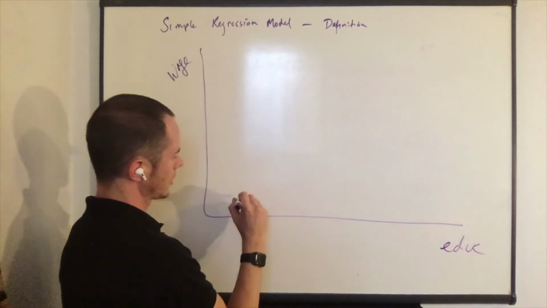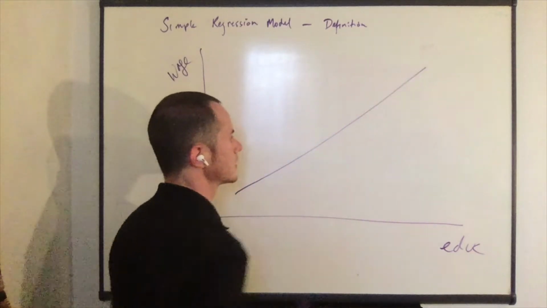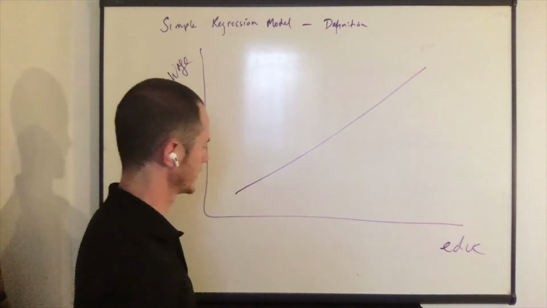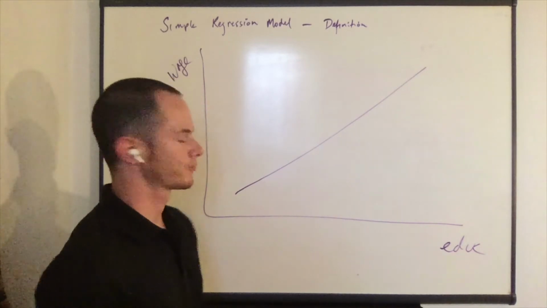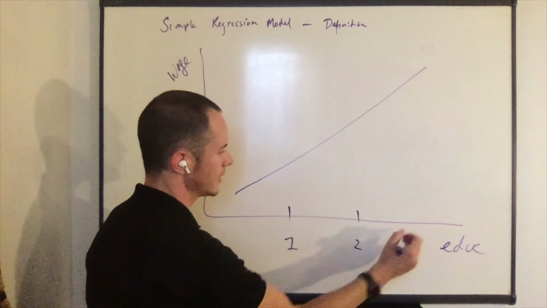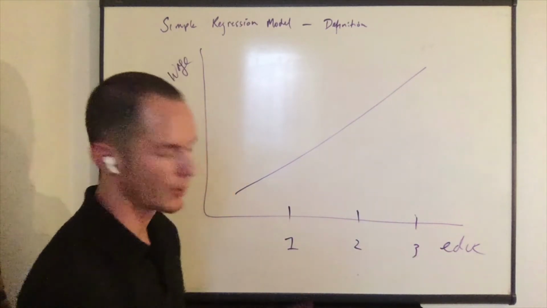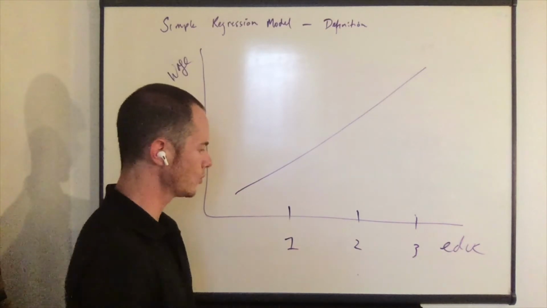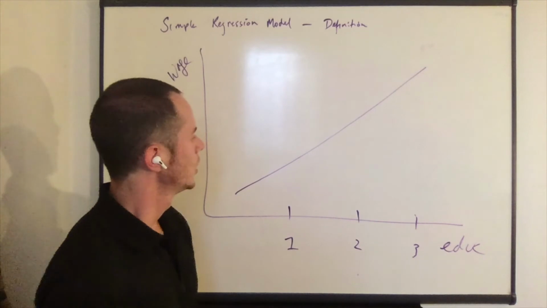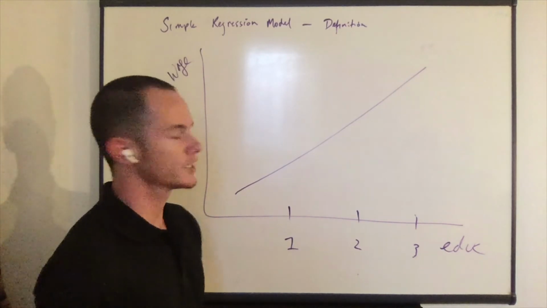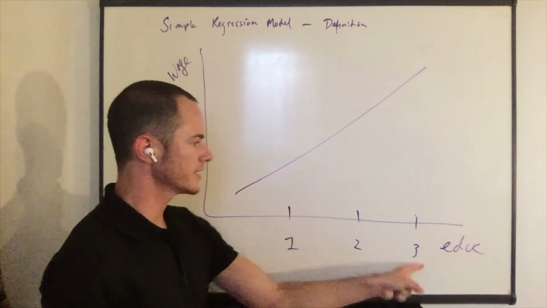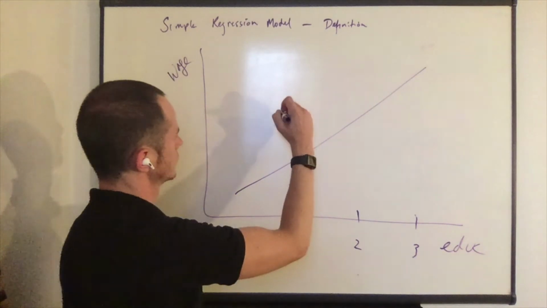And this line might represent our regression line. Let's assume that we have 3 different levels of education: level 1, level 2, level 3. Maybe level 1 represents high school, 2 bachelor's, 3 grad school. We are assuming that the distribution of wage at each slice of education is the same.